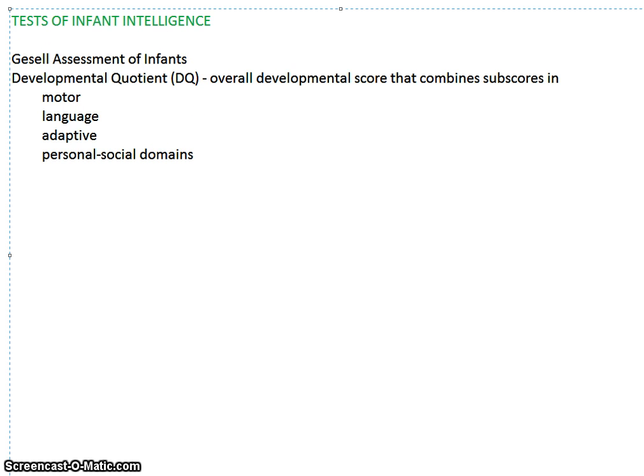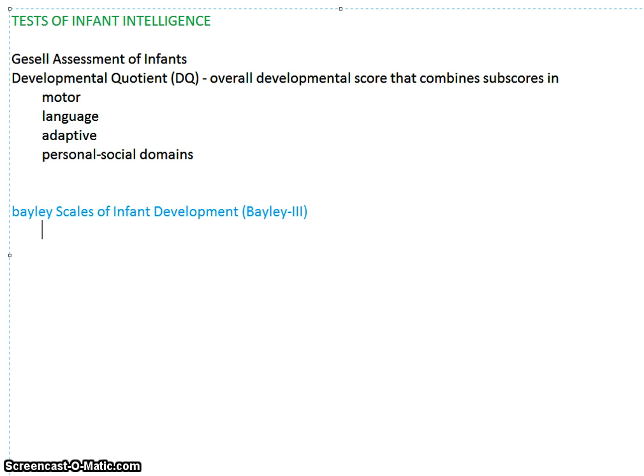That's Gesell. The next one to know is the Bailey scales of infant development. And the current version is the 3rd, so we call it Bailey 3. And this has 5 different scales.